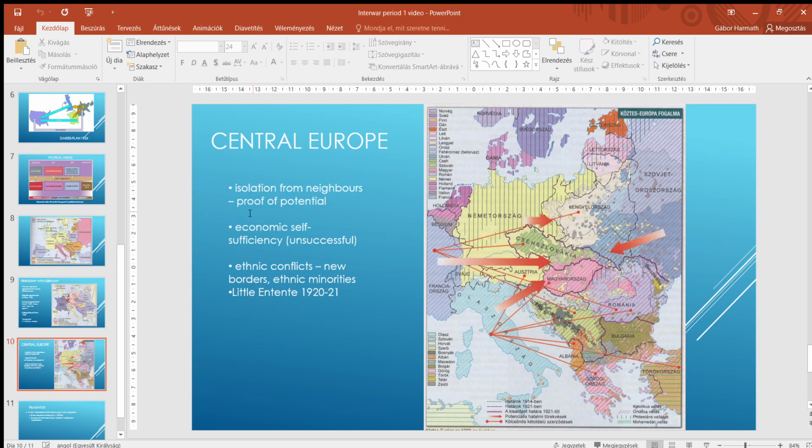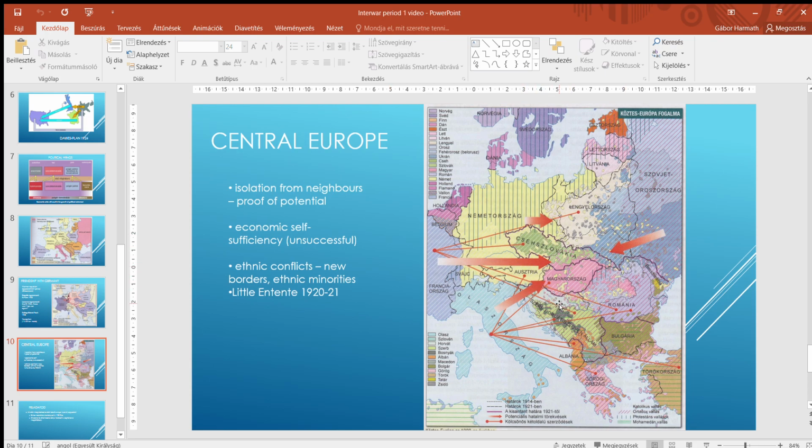They can easily be self-sufficient. So economic self-sufficiency, önellátás, is really important. But it was unsuccessful. These countries should have cooperated, but they didn't. There were ethnic crises, ethnic problems and such. And now, of course, with the ethnic conflicts and new borders, ethnic minorities had a lot of problems.